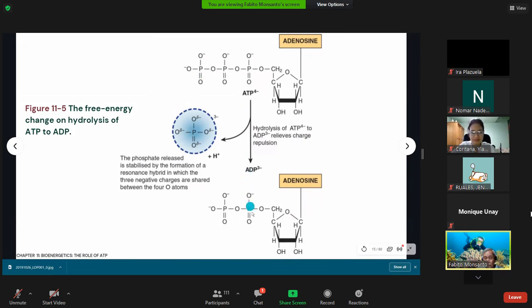This has only 1, 2. Okay. The phosphate released is stabilized by the formation of a resonance hybrid in which the 3 negative charges are shared between 4 oxygen atoms. Okay.